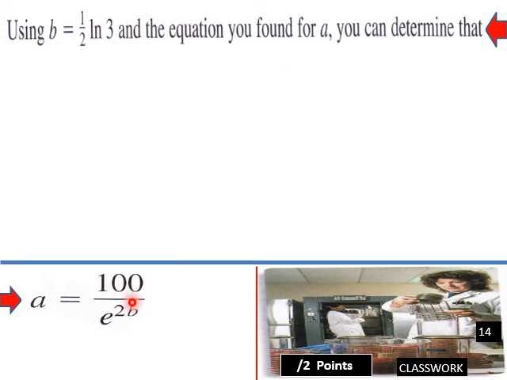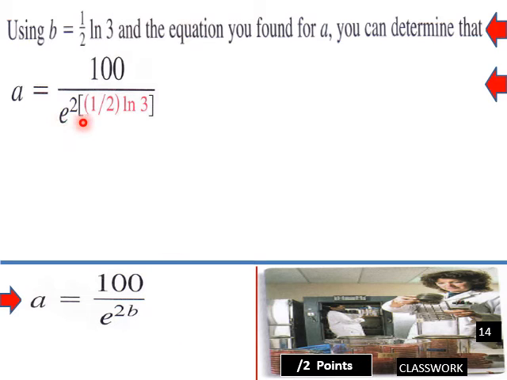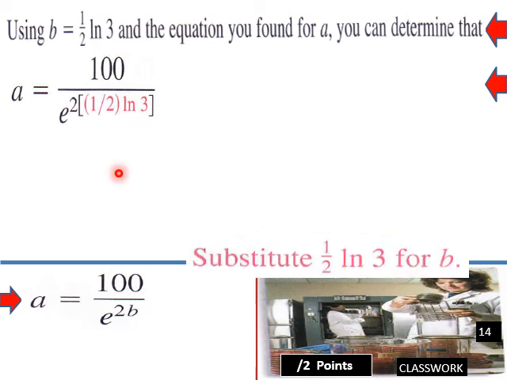In the equation you found for a, a equals 100 over e to the 2b. So we can plug our solution that we found in the second back into the first. So a equals 100 over e to the 2b. Here is b right here, 1/2 natural log 3.